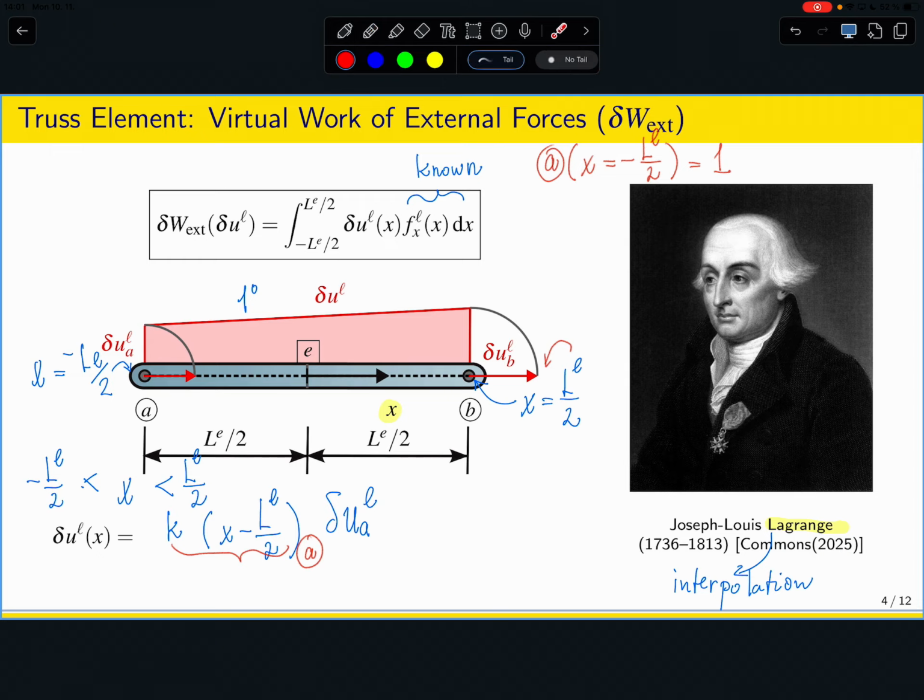Because if I get 1 at this particular x value, this will disappear, and I will just get the value which I searched for. Okay?